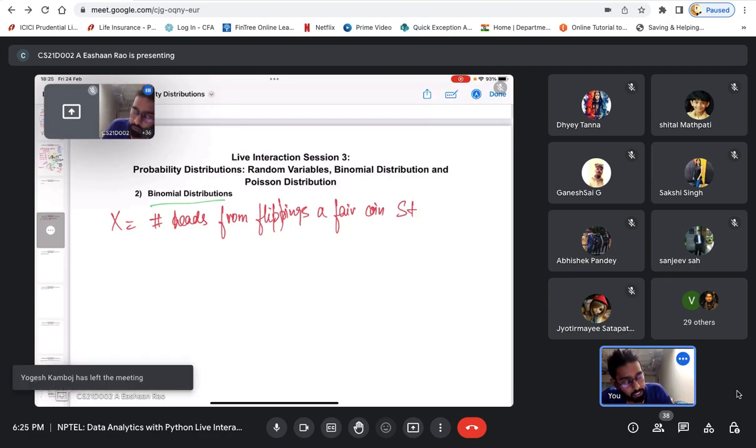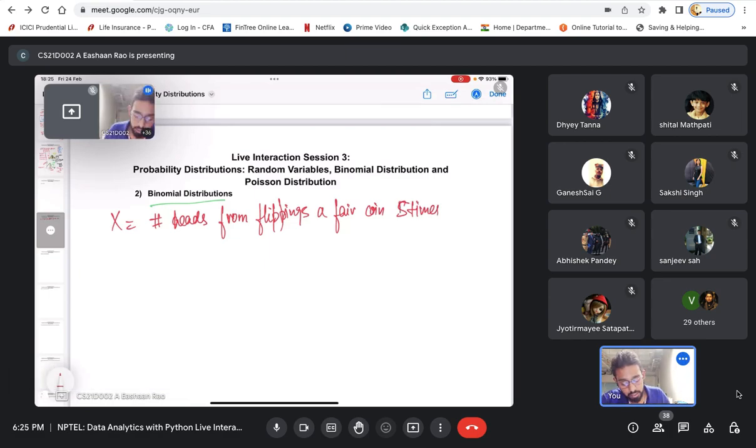So we have to find those scenarios. That means it can be H H H H H like this, or it can be H T, just like that. There will be multiple combinations. So in those scenarios, we will try to find out the possible outcomes.